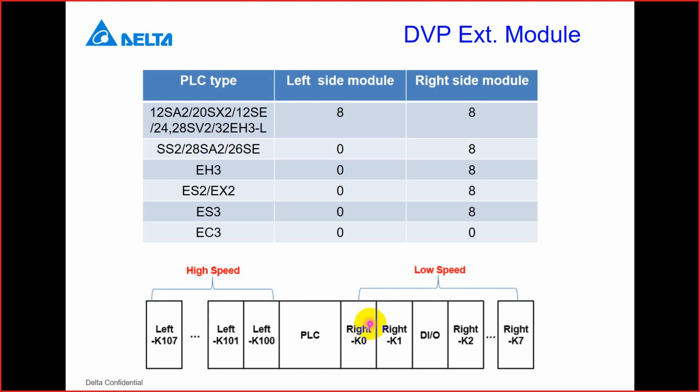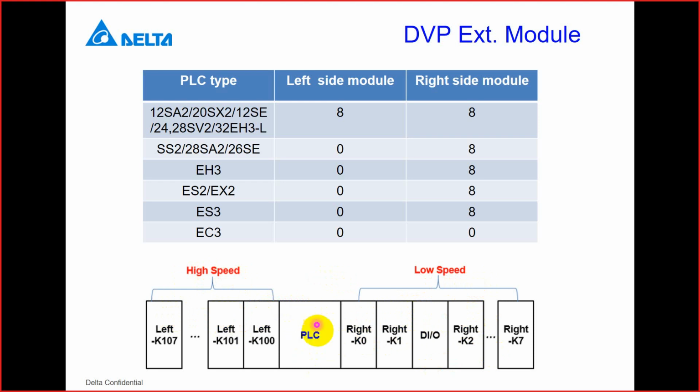For the right side, the analog input module, the sampling or processing time is around 3 milliseconds per channel. But for the left side analog input, around 250 microseconds. That means the left-hand side module is almost 10 times faster than the right-hand side module. So that's why I put high speed and low speed.